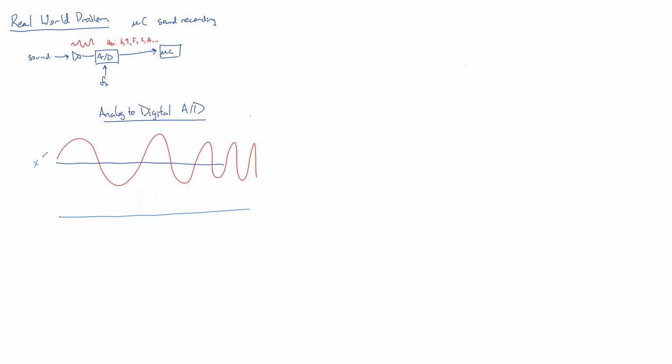This is our x(t), and we're going to sample it with our sampling clock. And I'm trying to draw this roughly symmetrically. And so every time that the clock rises, we'll sample. And so our samples look like this.